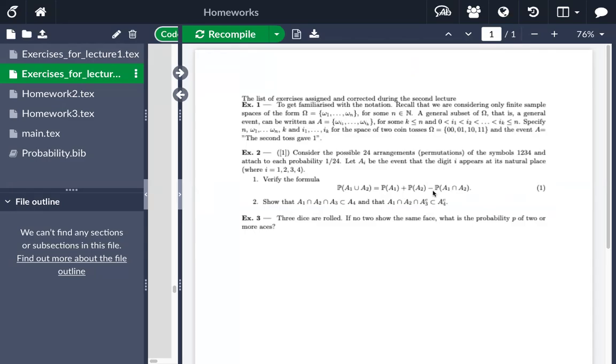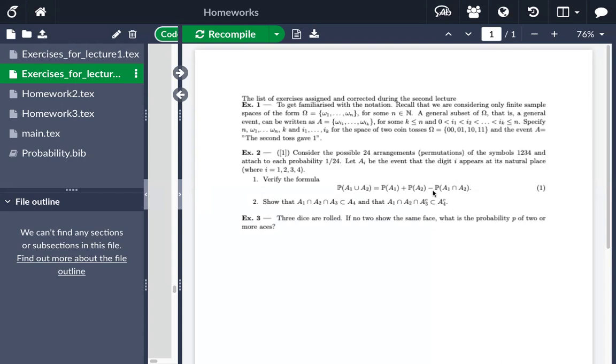Thus, counting the probability of their union, we need to subtract the additional probability that we got when we summed those omegas 2 times, and that's exactly the probability of their intersection.